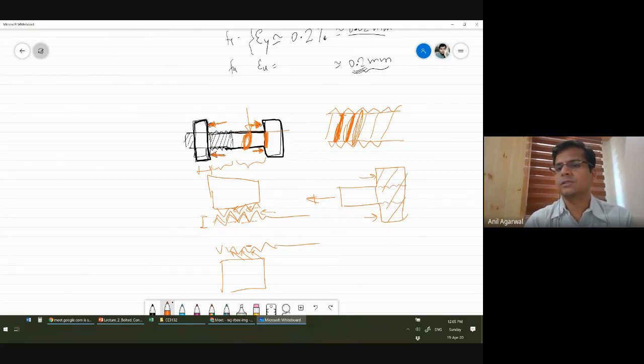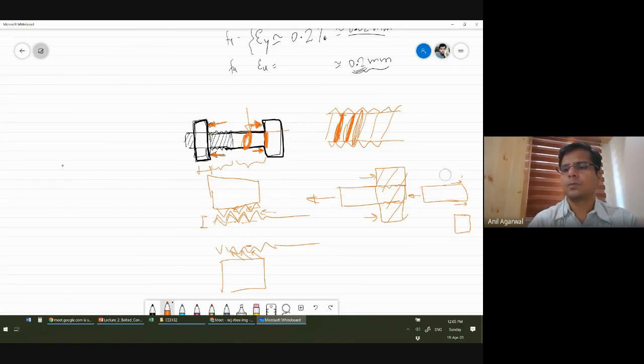If you imagine that this shank is continuing, of course this is a monolithic material, but you can imagine the way you want to divide it. So basically, this shank is being pulled this way, and at the head location it is being pulled this way. And if you can imagine the head as a separate body, then this bolt head is being pulled this way. So this is the shear plane you are getting here, and there is a shear failure possibility.